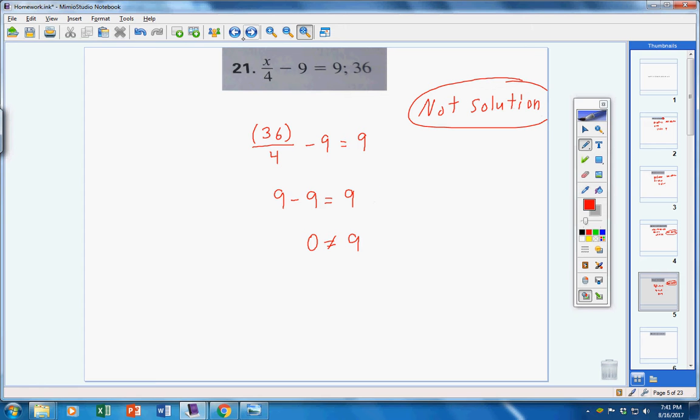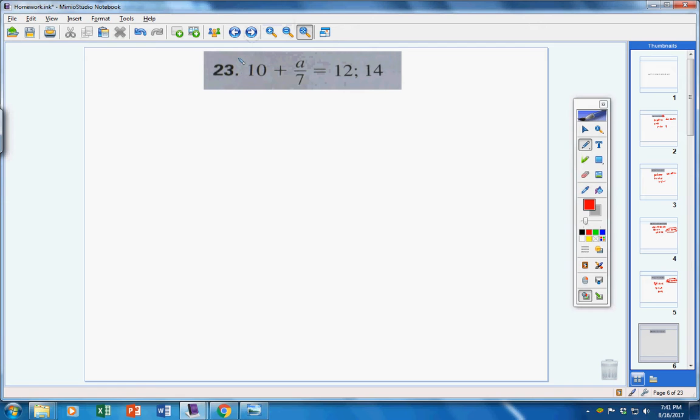Okay. Number 23. We're going to test number 14. So I have a 10, then plus, then here's an a. I'll put parentheses and put 14 all over 7 equals 12.